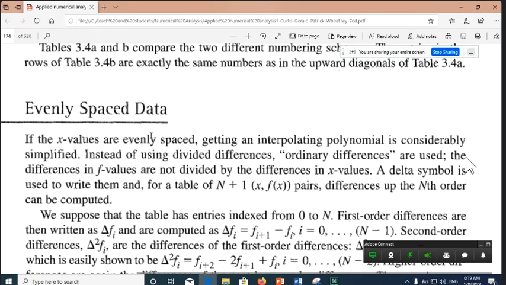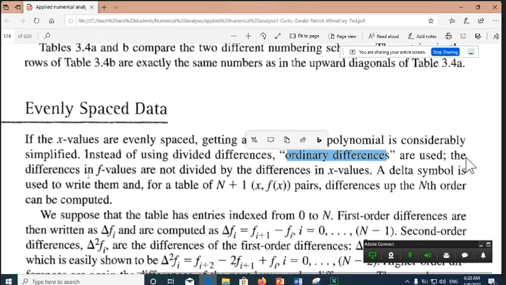If the x values are evenly spaced, getting an interpolating polynomial is considerably simplified. Instead of using divided differences, ordinary differences, just the difference between the values of the function, are used.